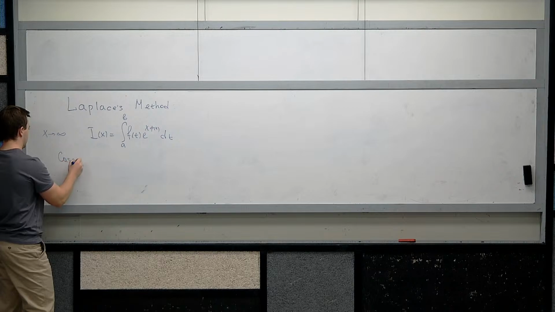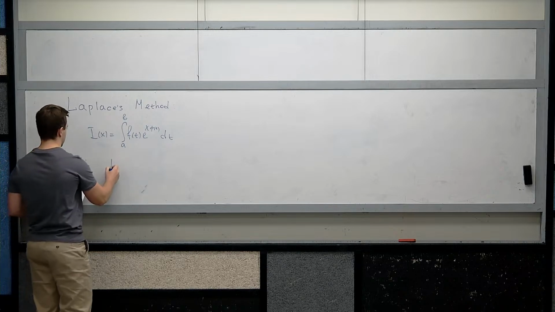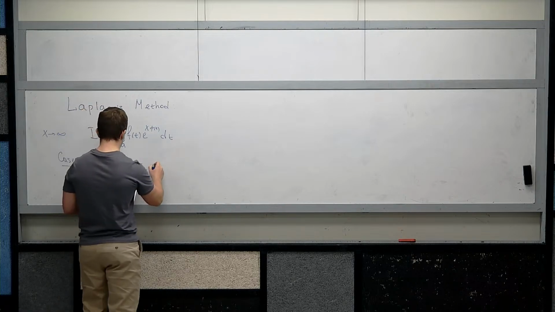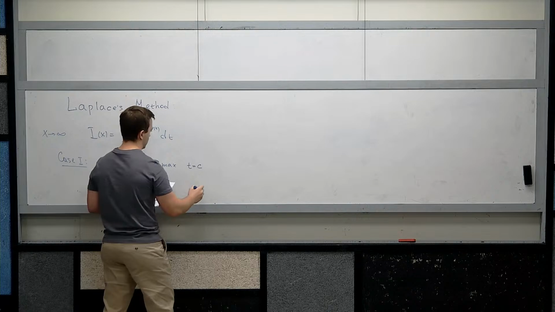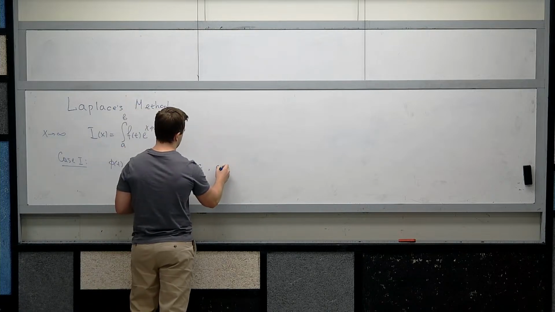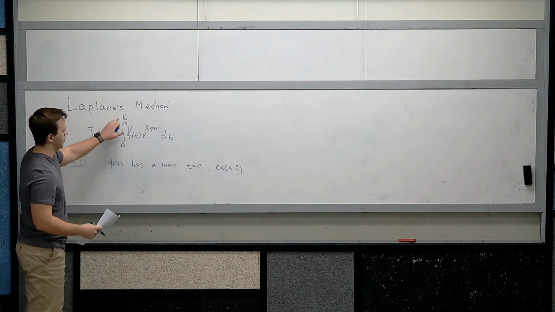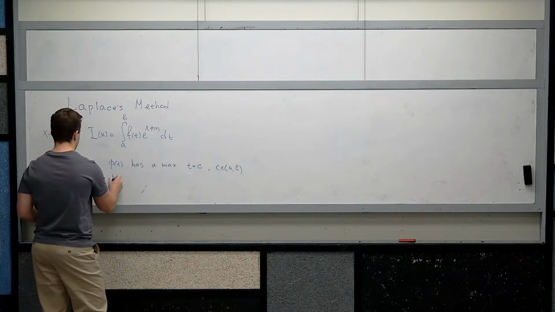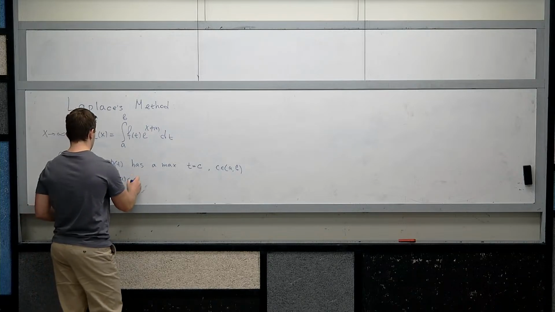So the first case is when the function phi has a maximum at point c, and c is inside the interval. So it's not A or B, it's some value inside the interval. And the second derivative of phi is negative.